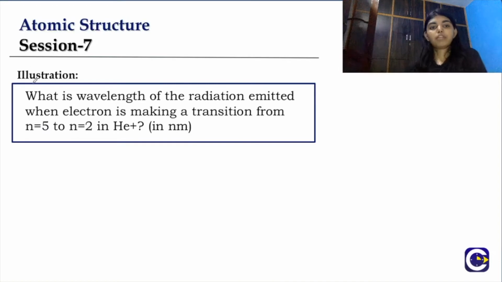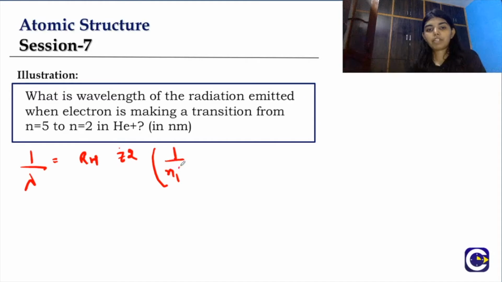Now coming on to the question, what is the wavelength of the radiation emitted when an electron is making a transition from n equals 5 to n equals 2? Now we just have to apply the Rydberg formula, that is 1 upon lambda equals RH into Z square into 1 upon n1 square minus 1 upon n2 square, where n2 is greater than n1, right?